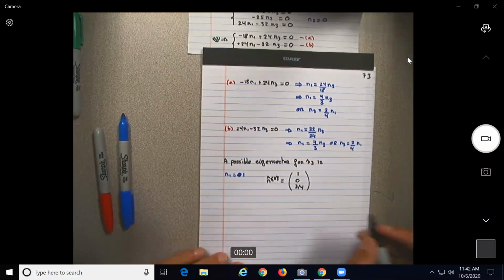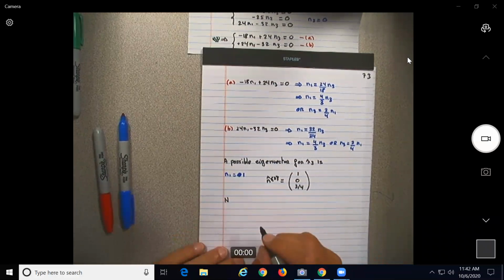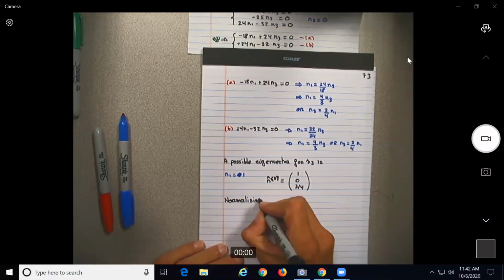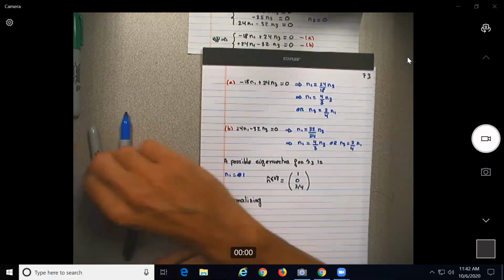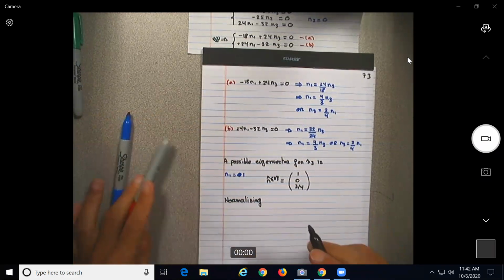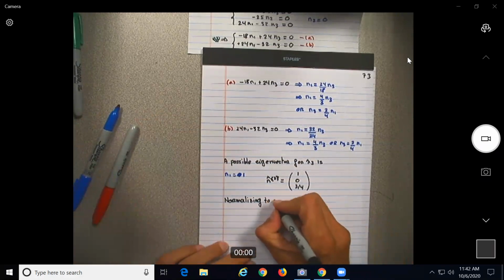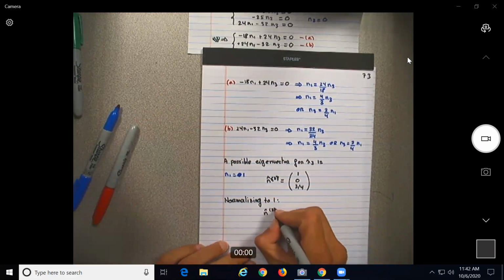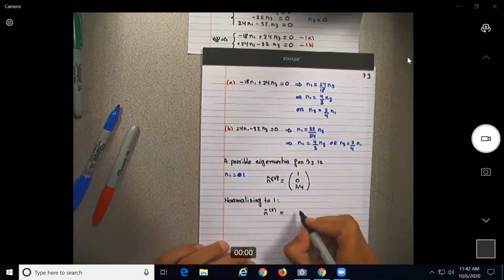Okay? So now, normalizing. You don't have to do that, but sometimes it's easier for the calculation if you normalize everything to the same base. So let's say base 1, so that everything will be normalized to 1. What are you going to have? n3 will be equal to n3 divided by the magnitude, no?